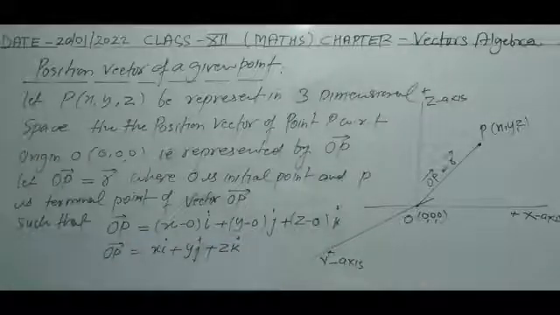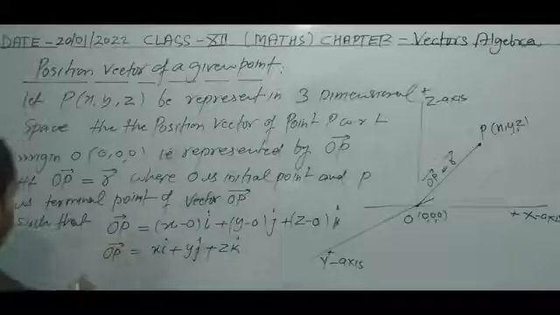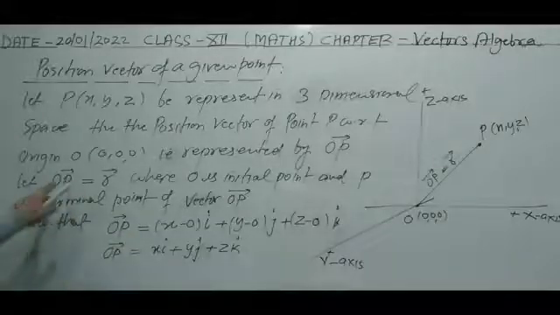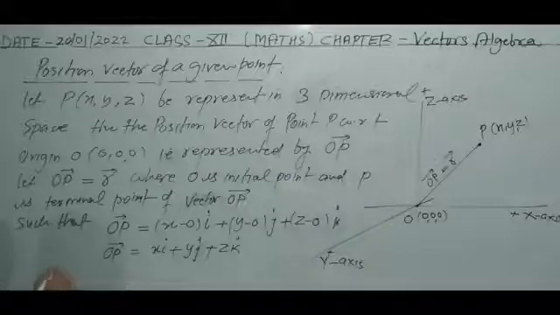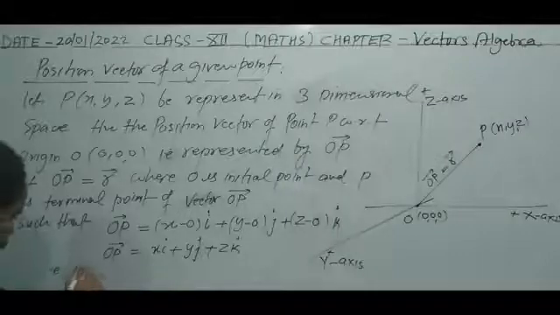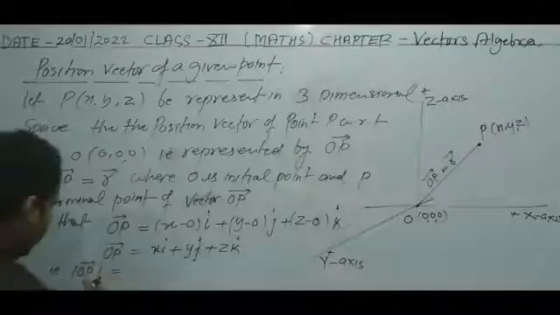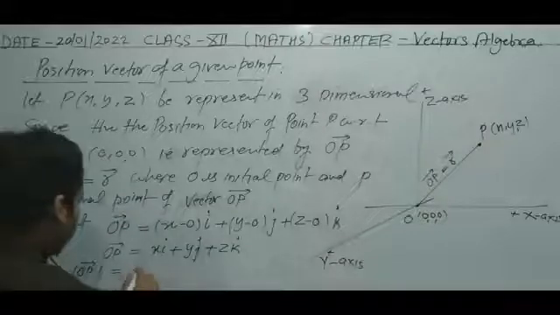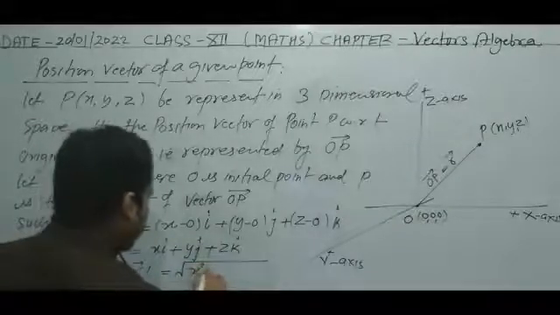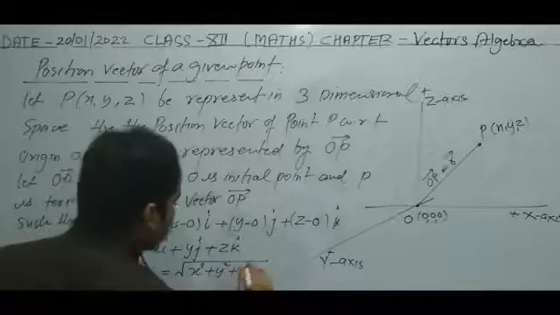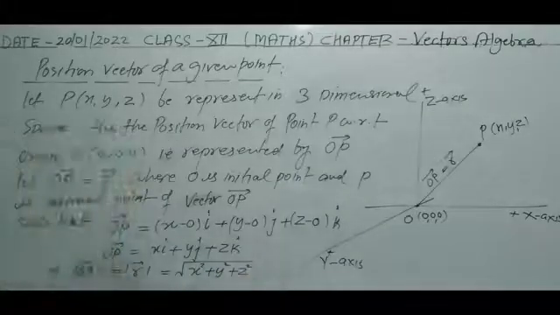Now see, the mod of OP, that is, mod of OP is equal to mod of R is equal to root over x square plus y square plus z square.